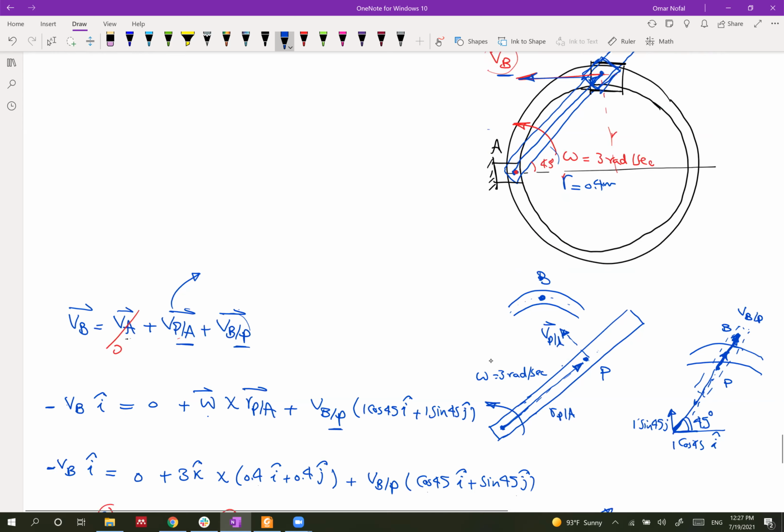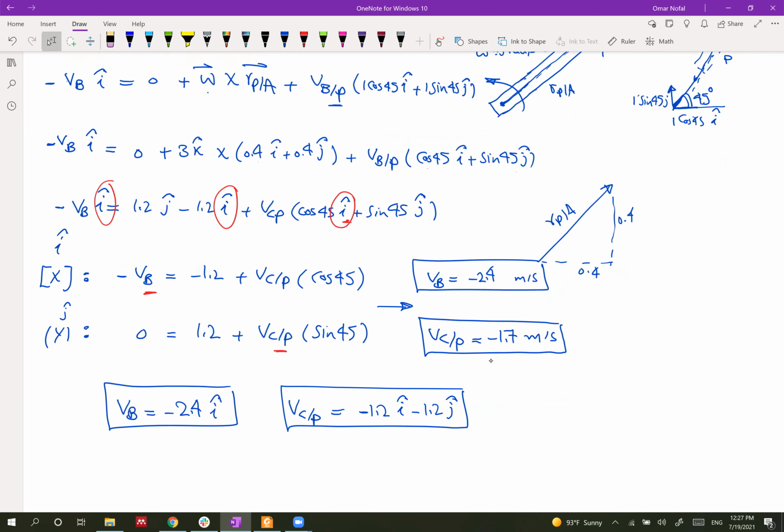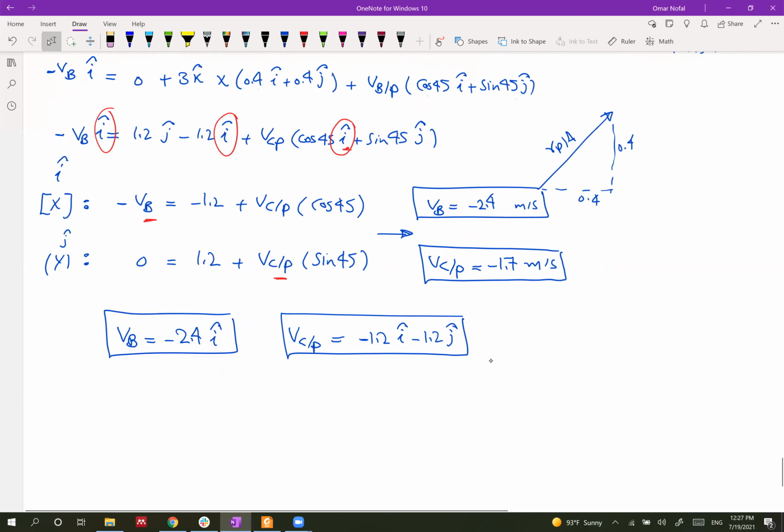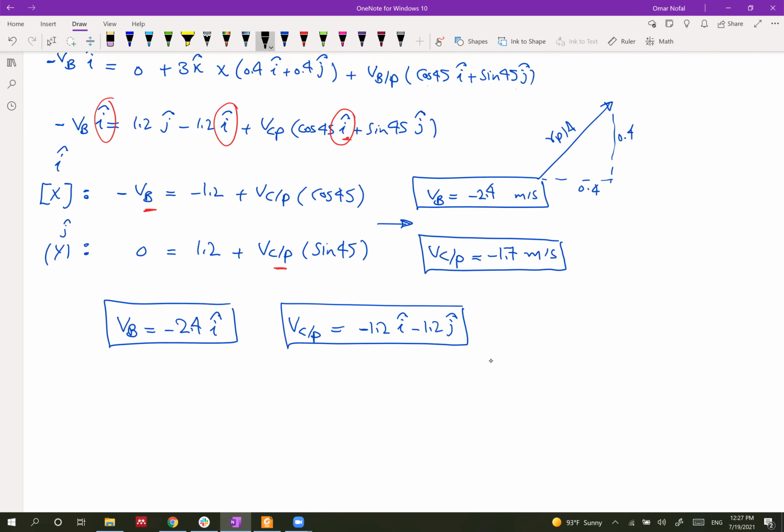So what if we want to solve for the acceleration? How will the problem change? So let's figure it out. If we want to solve for the acceleration, it will be much more difficult. So let's write here part 2, acceleration.